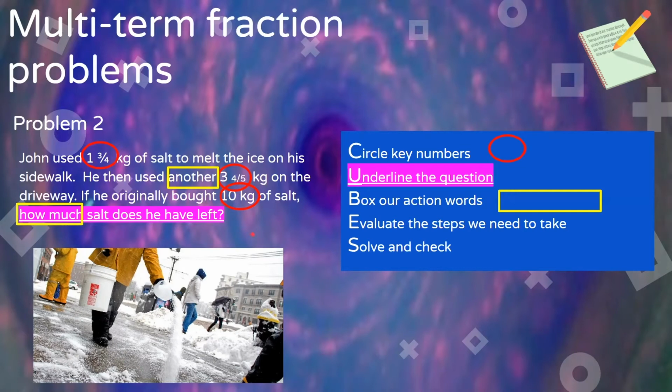I guess in case he has to put more salt on the driveway tomorrow. So I squared another, and how much, because those are going to be our arithmetic problems. So let's move forward and see how we would solve a conundrum like this.